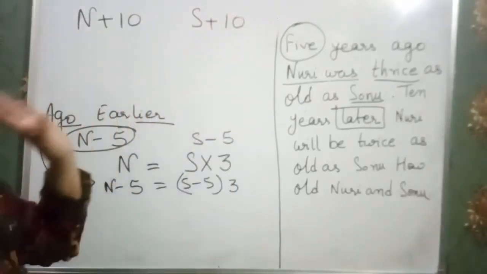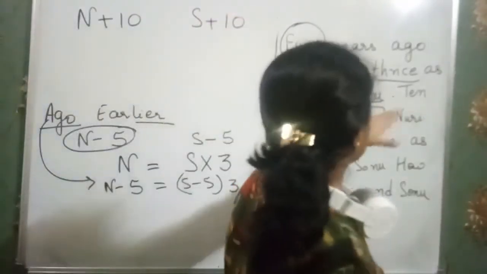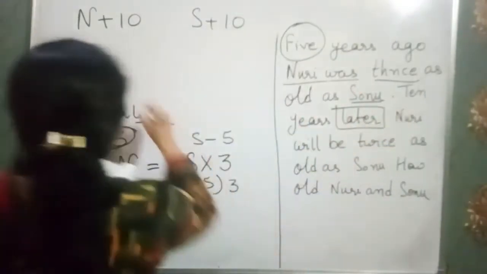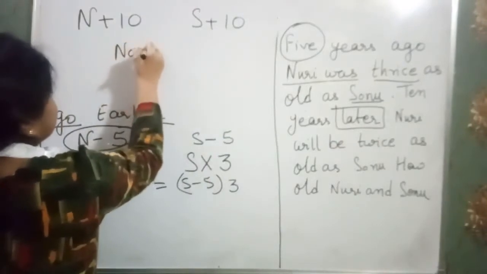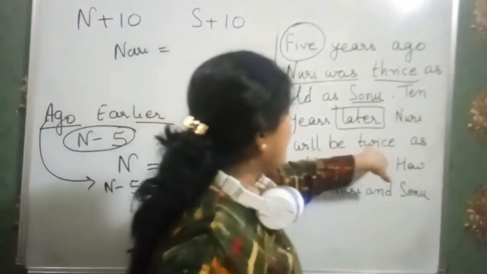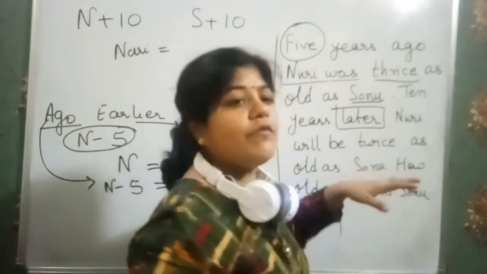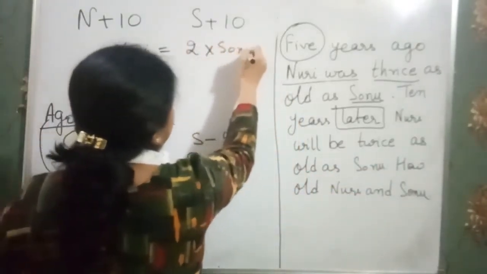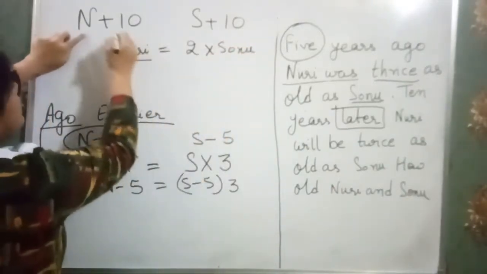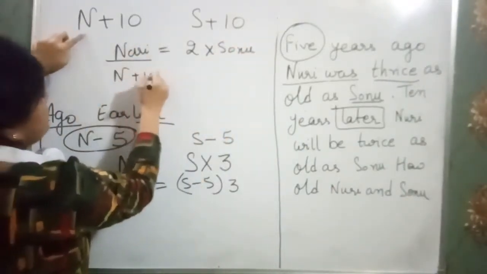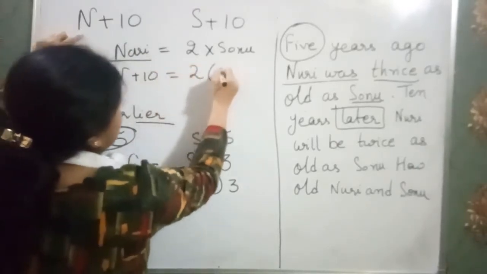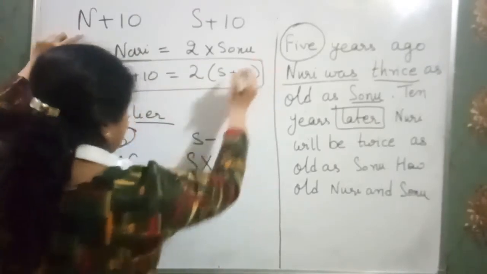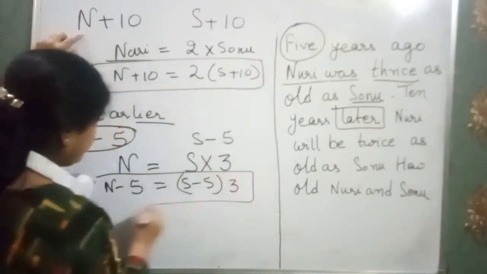We add the same number, the years which is given, 10 years. Noori will be twice as old as Sonu. Now what do we have to multiply? 2 into Sonu. In place of Noori, write n plus 10 and 2 into s plus 10. So this is the equation we frame here, and this is the equation we frame here.